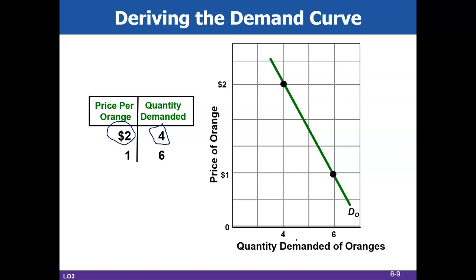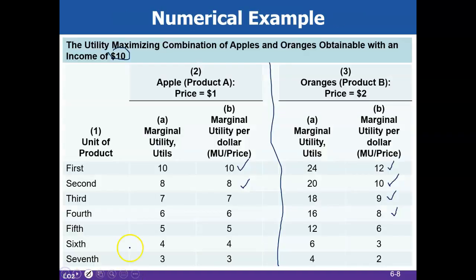I'm not putting a demand curve for apples and oranges on the same graph. I'm just taking out oranges and saying, okay, when the price of oranges is $2, how many oranges might I demand? It's 4. When I lower the price to $1, okay, what I would have to do here is go back to this data and say, okay, what happens if I do it this way, and I no longer have this column because the price of oranges is no longer $2, now it's $1, okay?